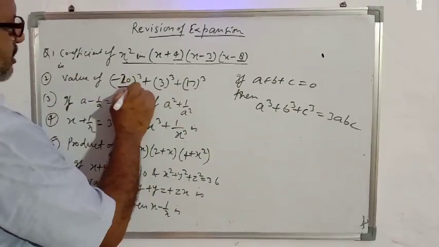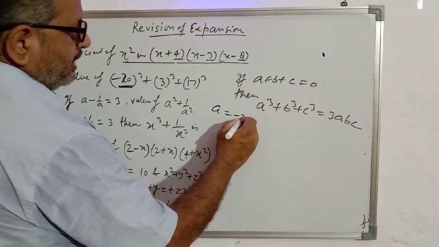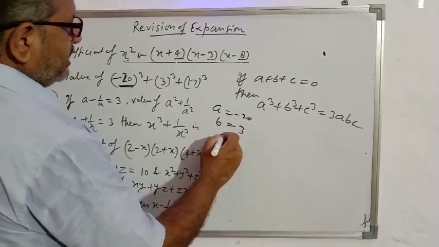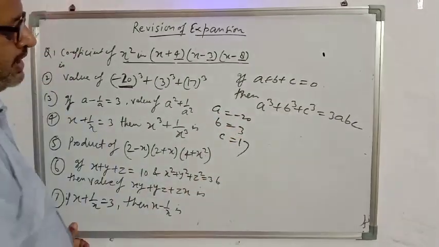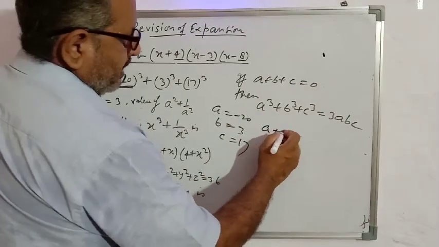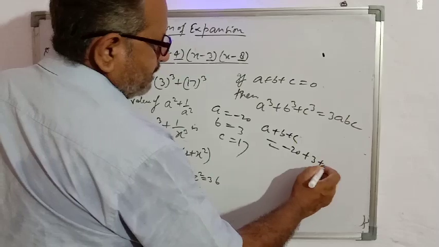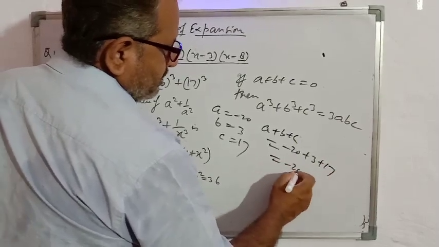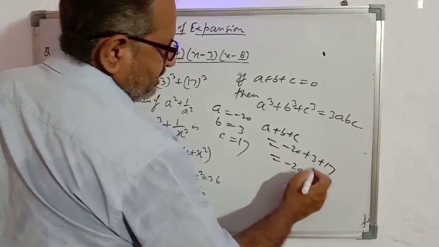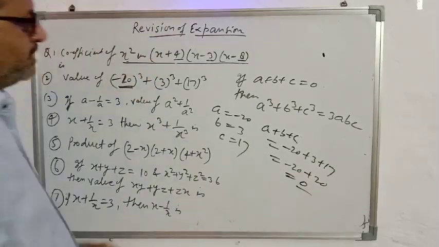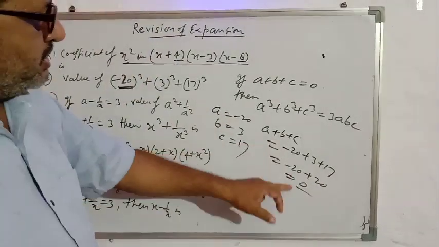So see in the question what is a? A is minus 20, b is 3 and c is 17. If we add it, what we will get? We will get minus 20 plus 3 plus 17. 17 plus 3, 20, and minus 20 plus 20, 0. So a plus b plus c is 0.